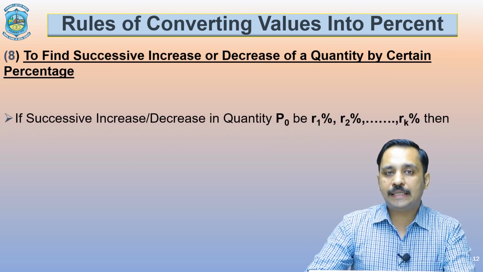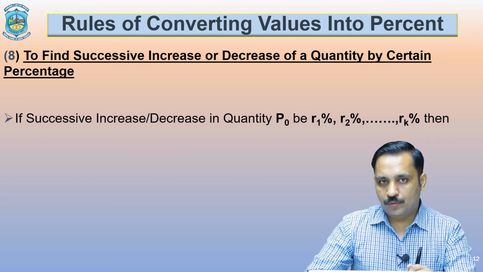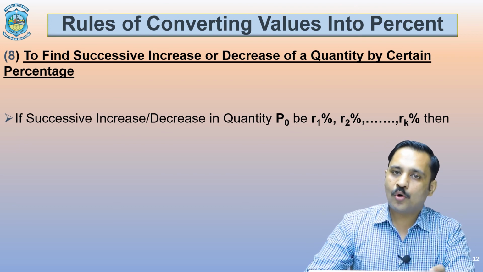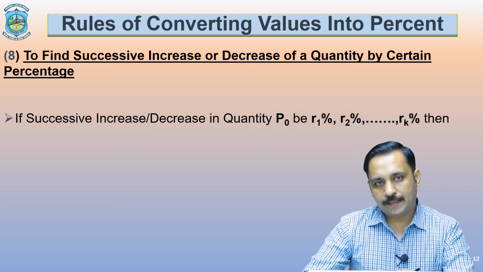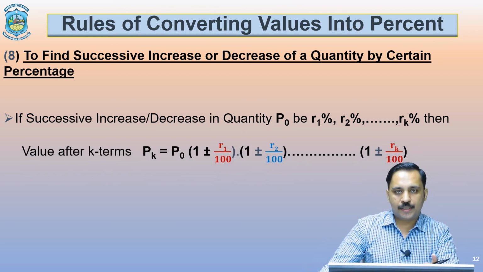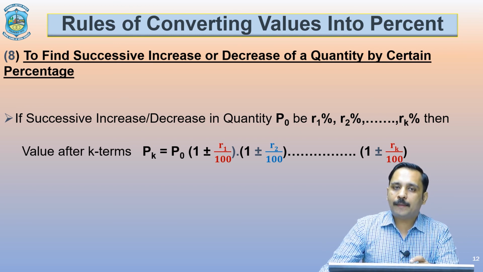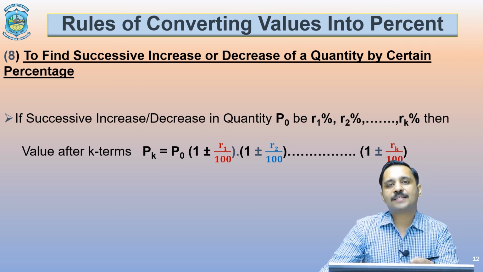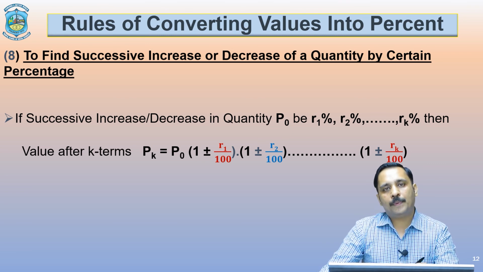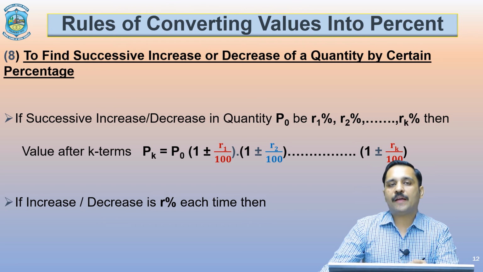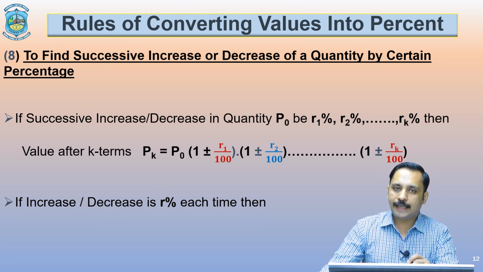If the successive increase or decrease in the quantity is R1%, R2% and so on up till Rk%, then the value after k terms is equal to P of k, which is equal to the initial value P of 0 multiplied by 1 plus minus R1 by 100, multiplied by 1 plus minus R2 by 100, and so on up till 1 plus minus Rk by 100, where if there is an increase we will use the plus sign, if there is a decrease in the value we will use the negative sign.